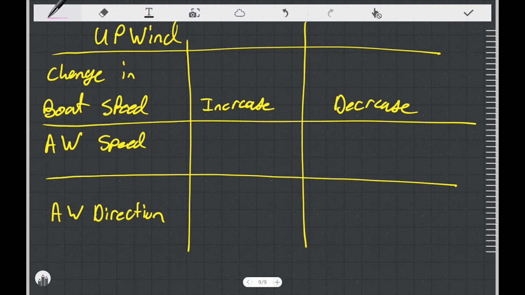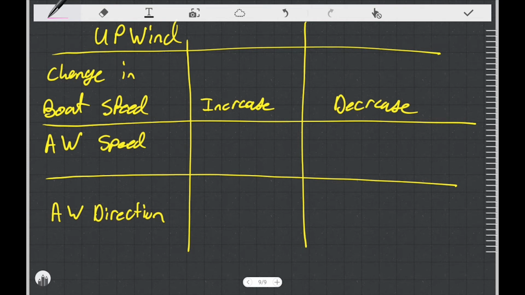So the last thing I want to do is fill in this table that's going to show how the apparent wind speed and direction change with changes in boat speed. We've basically solved part A and B of the example, and we can use that to fill this table in. So upwind, when the boat speed decreases, what did we see to our apparent wind speed?